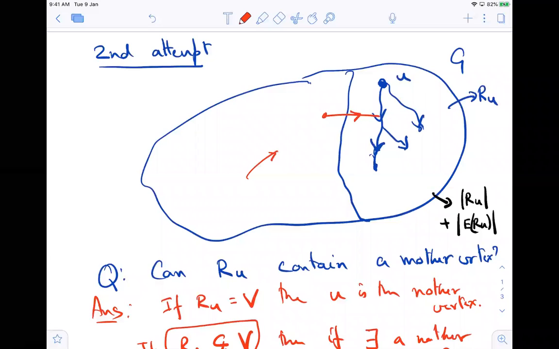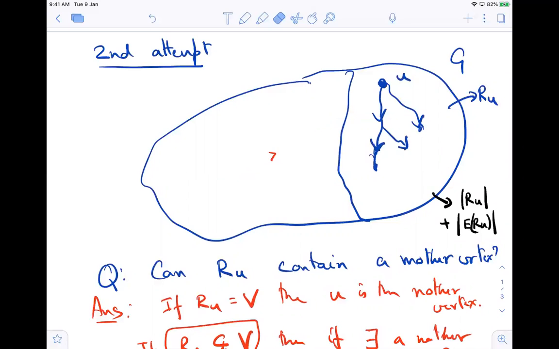So the only edges my DFS works on are edges within R of U. This is very crucial to understand, and it is good for our final running time.